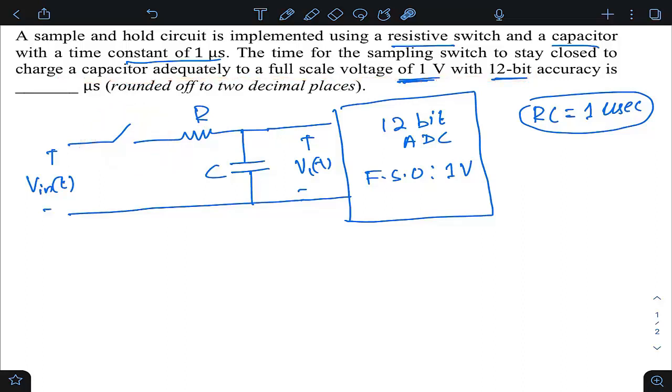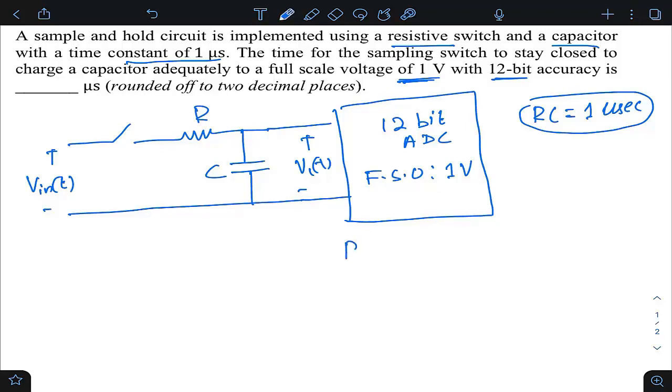What is the meaning of it? If I am applying 1 volt here, how much time should this switch be closed so that the capacitor will be charged to a value which is of 12-bit accuracy? It means that first we calculate the resolution of this ADC.